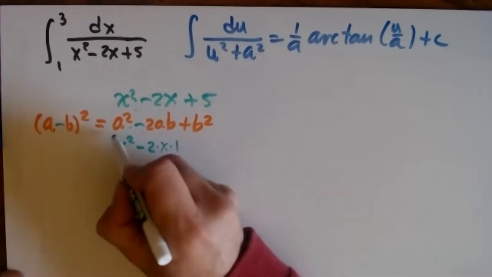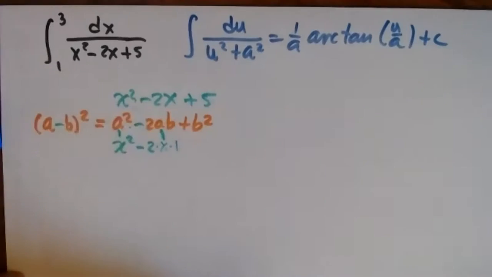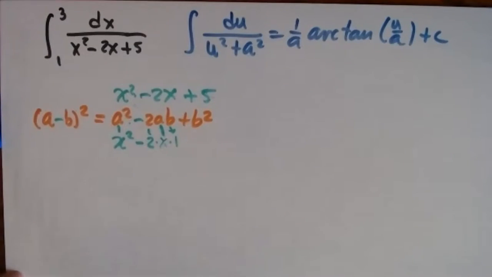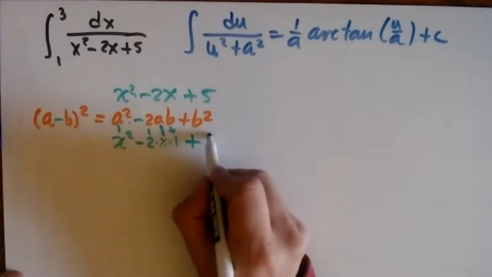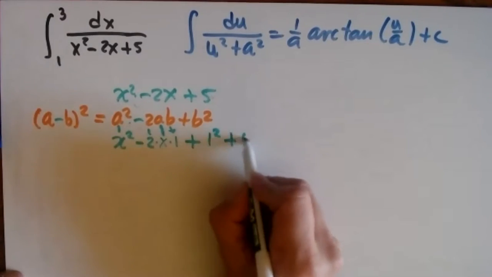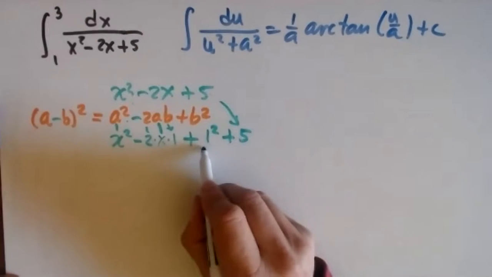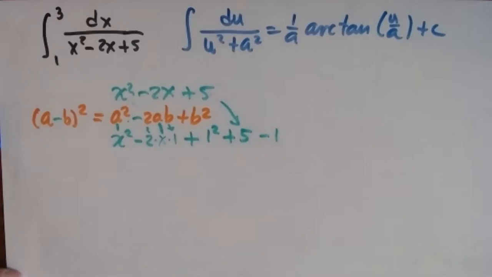Okay, now let's match. A is the x, A is the x, 2 is the 2, so the b has to be the 1. So I'm going to put plus 1 squared plus the 5. This 5 is right here. I repeat the 5. And because I put a 1 squared, I subtract the 1 squared. Well, 1 squared is 1. Let me just put it right there.